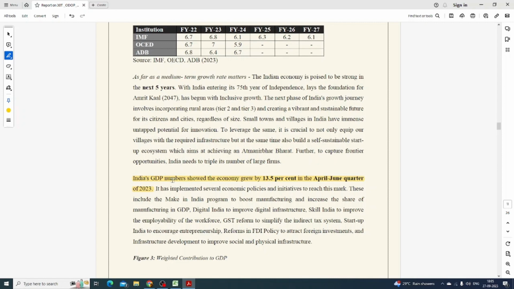Production based incentive is given to the company that is the manufacturer of certain products, like in the automobile industry. The government is giving this incentive to EV manufacturers.